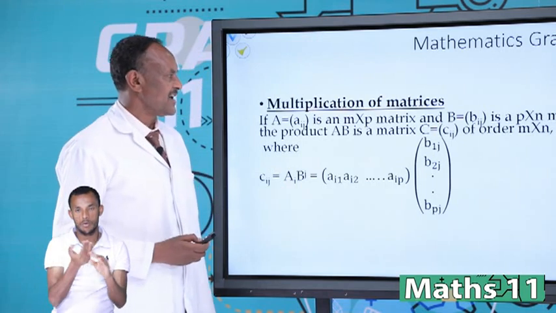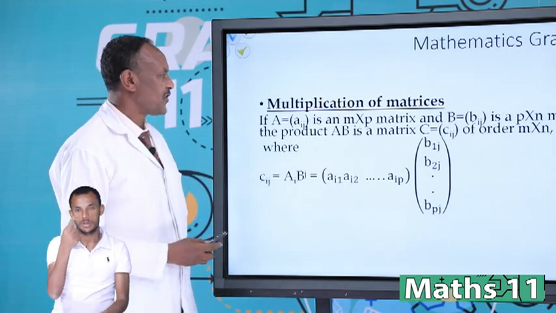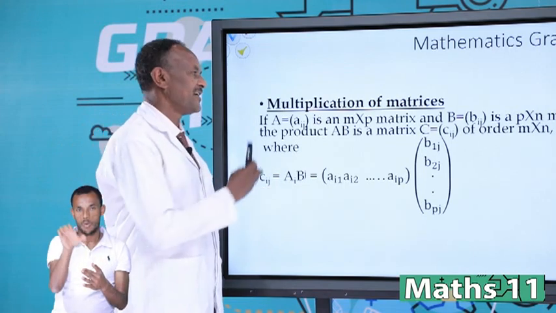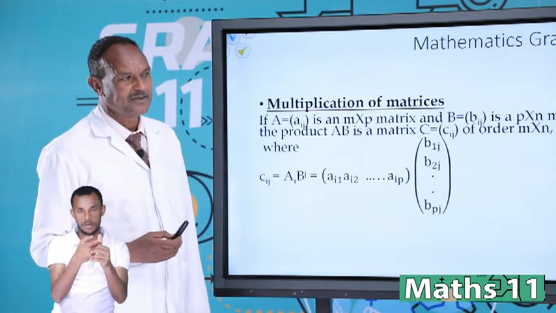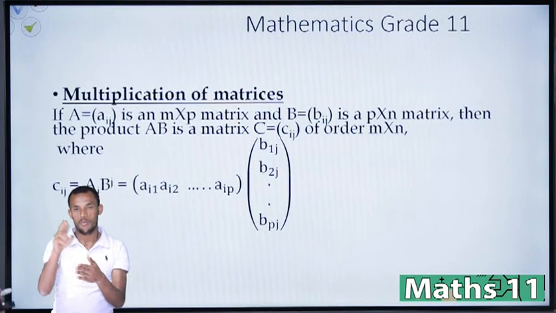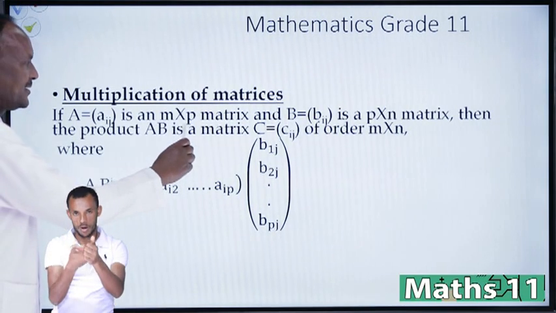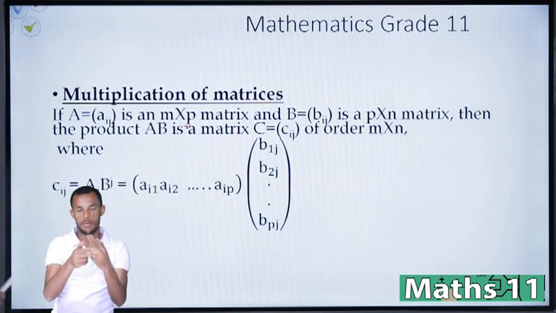Before you multiply, you have to check that the number of columns of the first matrix A must be equal to the number of rows of the second matrix B. Here, A is a matrix of order M by P, so P is the number of columns.